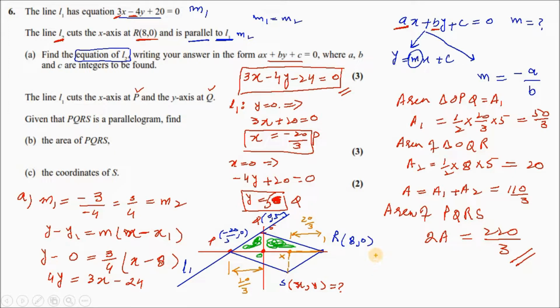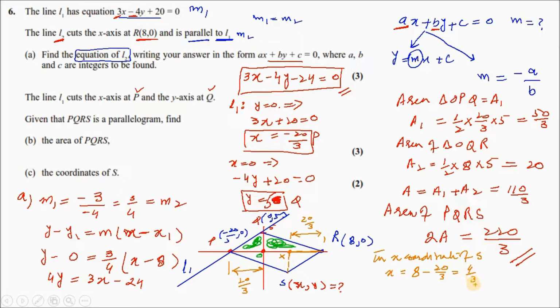So the x coordinate of S will be equal to 8, which is the total length from origin to point R, minus 20/3. So 8 minus 20/3, you can say this is 4/3.